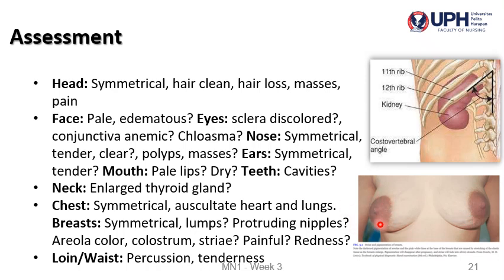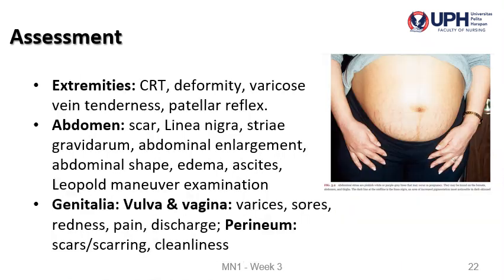How is the areola color? Is there any colostrum, and is there any striae? Is it painful? Is there redness? And on the loin, you can check if there is a problem with the bladder, so we percuss and check for tenderness of that part of the body. Here in the pictures, you can see there's a little bit of striae on the mother's breast.